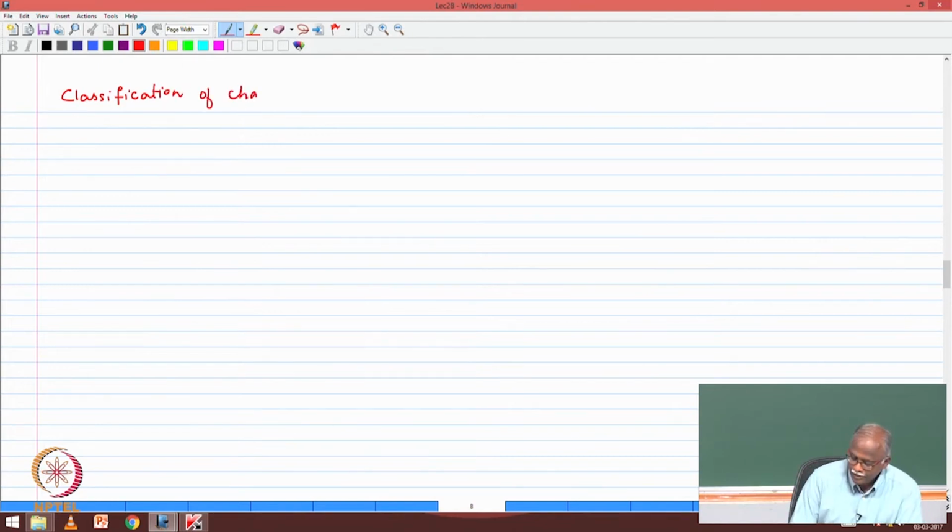If you are now comfortable with that part of the representation, then I would like us to do the following classification of channels. This is a very important part of understanding the wireless channel and the different systems that we work with in the context of wireless communications. Classification of channels. I am going to classify in two dimensions.